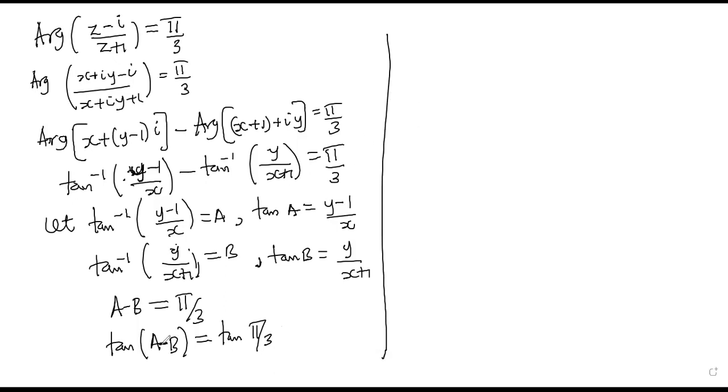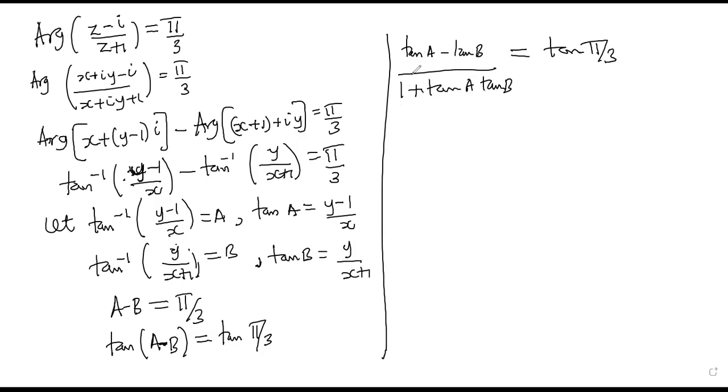Of course, tan(A minus B) is the same as (tan A minus tan B) out of (1 plus tan A tan B), since we are subtracting so we add, which is equal to tan pi over 3. Tan pi over 3 is the same as root 3. Okay, let me keep it as tan pi over 3.